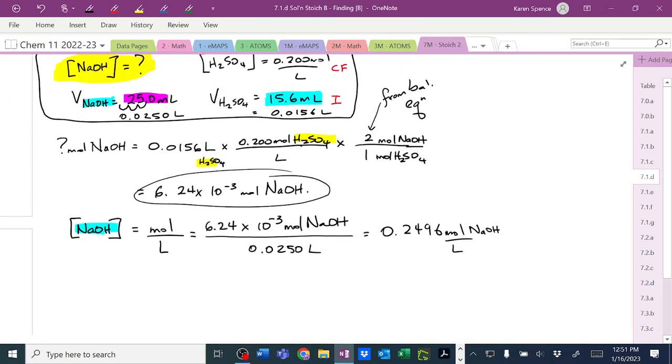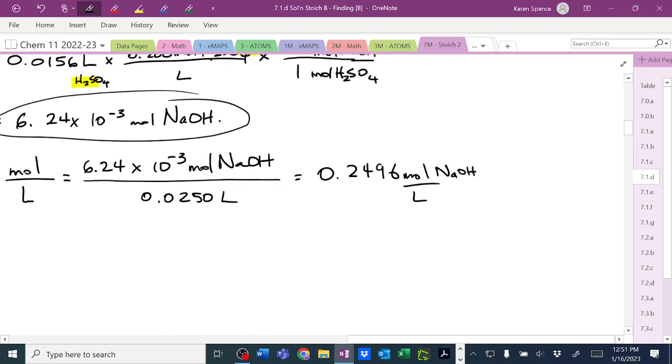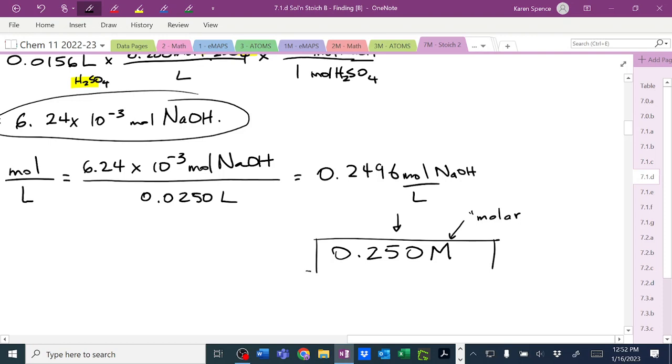There seem to be a lot of 3 sig figs there. Yeah, it does seem to be 3 sig figs. So how would we write that as 3 sig figs? 0.250. And I could, if I wanted to, write moles per liter. Or I could, if I wanted to, write molar. Then I would box my final answer.